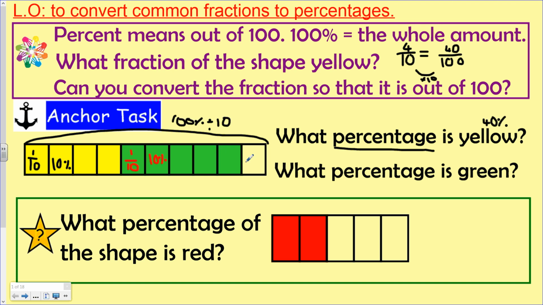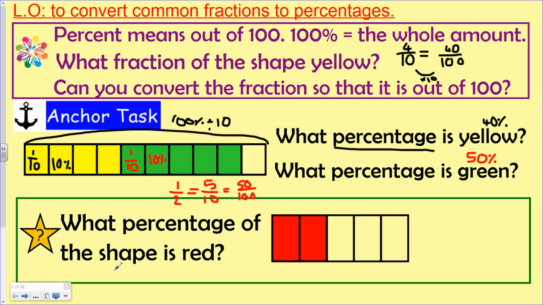That means it must be 50%, because we have 5 over 10, which equals 50 over 100, because we're just timesing it by 10. And if it's out of 100, it must be 50%. And we know that 50% is exactly half, isn't it? So 5/10 is also the equivalent of 1/2. They are all equivalent fractions.